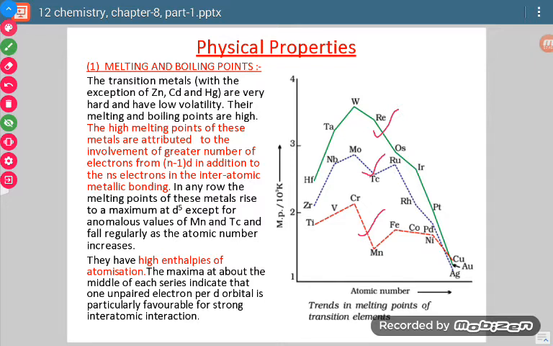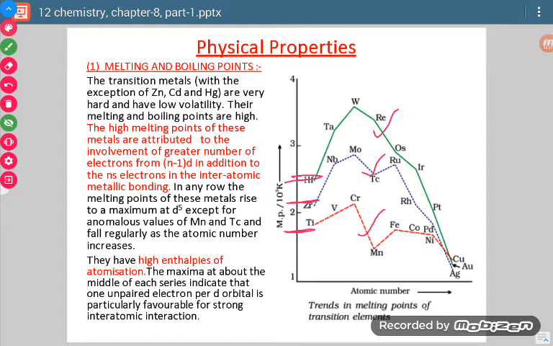The values start from here, and for 4d they start from here, for 5d they start from here. So the very first thing is that when we move from 3d to the other series, there is an increase in melting and boiling point values.